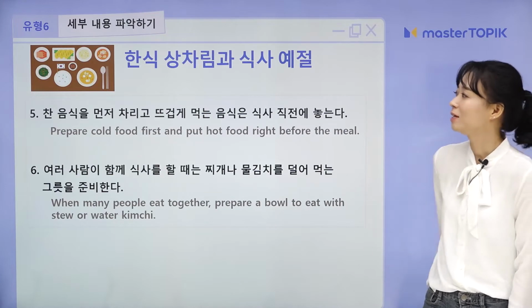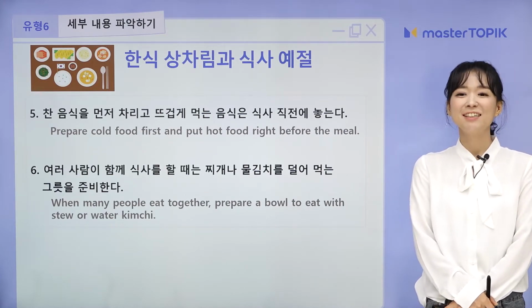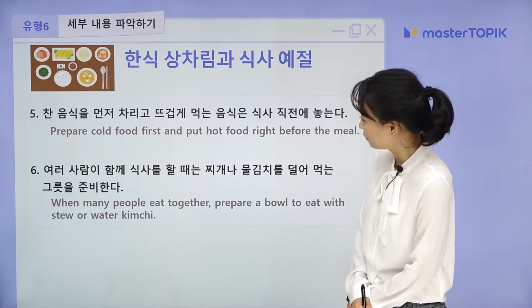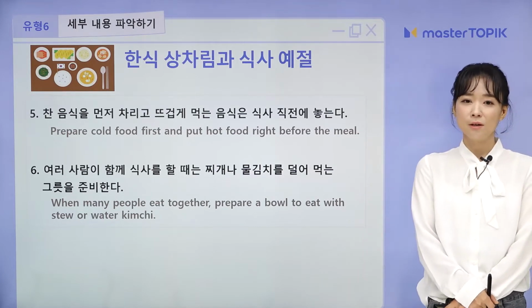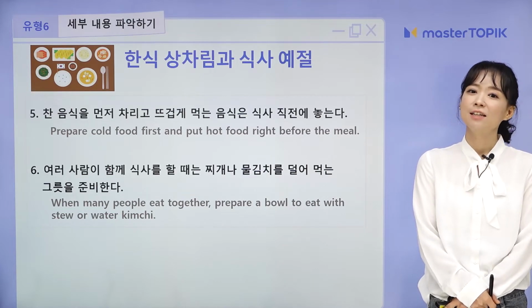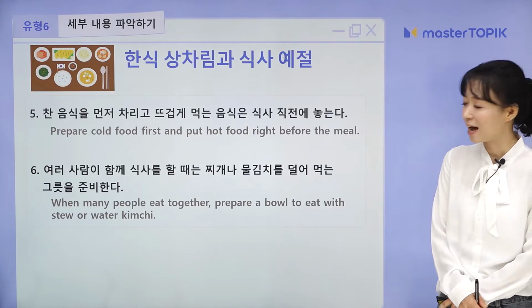And number 5, 찬 음식을 먼저 차리고 뜨겁게 먹는 음식은 식사 직전에 놓는다. Prepare cold food first and put hot food right before the meal. Number 6, 여러 사람이 함께 식사를 할 때는 찌개나 물김치를 덜어 먹는 그릇을 준비한다.